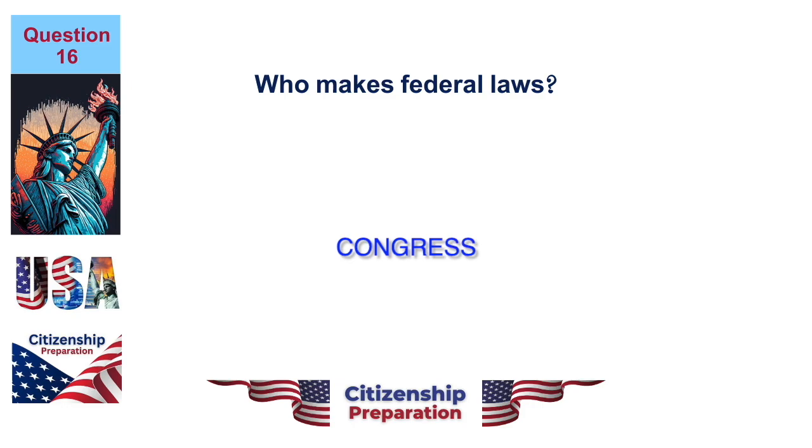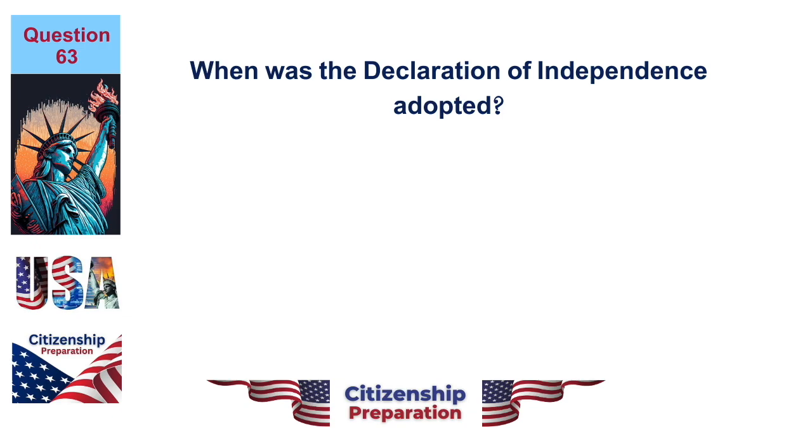Congress. When was the Declaration of Independence adopted? July 4, 1776.